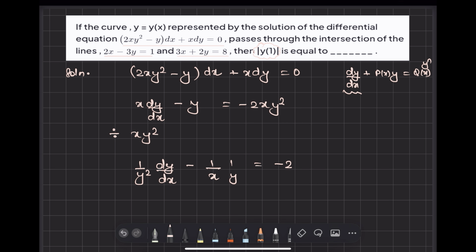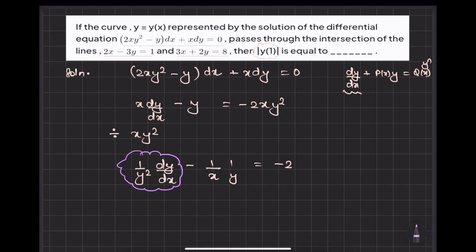Now we have to make dy by dx free from any coefficient. For that I will assume that thing to be z, y power minus 1. Now we have dz by dx equals minus y square dy by dx.